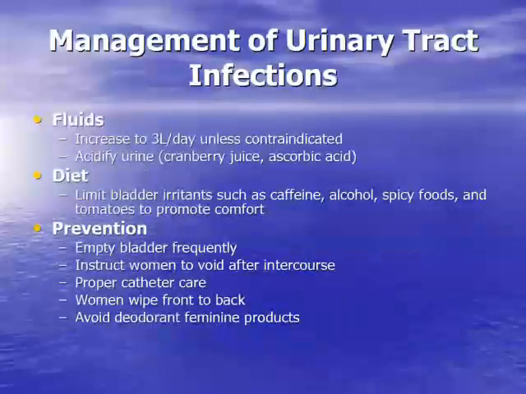Management of UTIs includes increasing fluids. Unless that patient has some sort of a concurrent condition such as CHF or something like that, they're encouraged to increase their fluids up to 3 liters per day to try and keep that urine more dilute. It's typically also helpful to acidify the urine. It's kind of interesting, there's been some studies done.